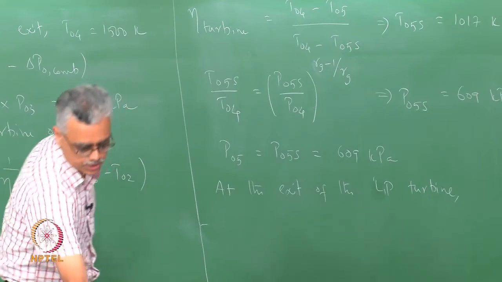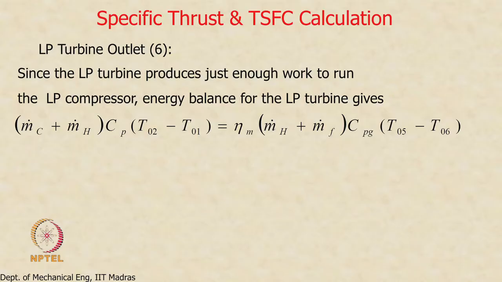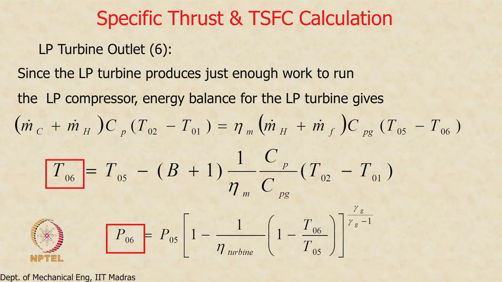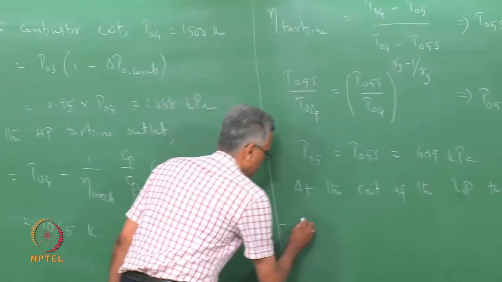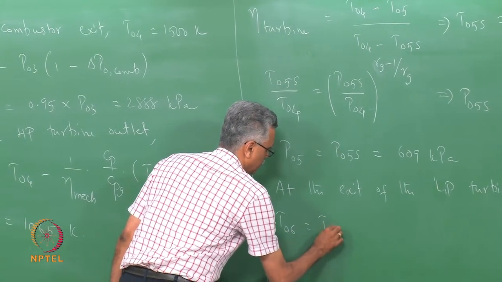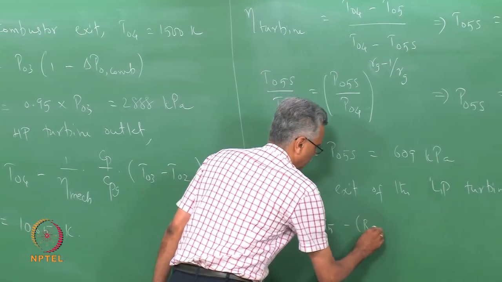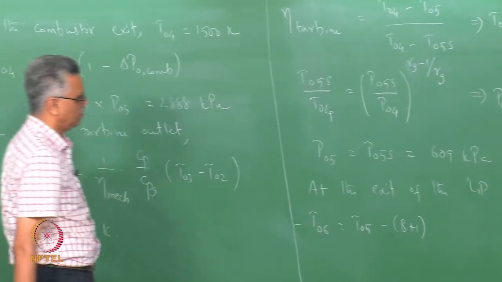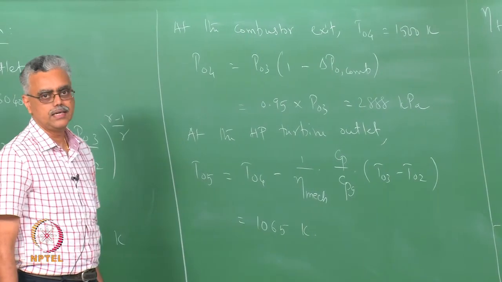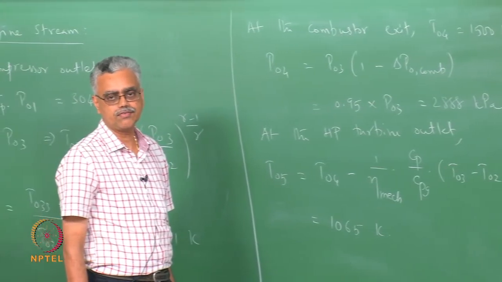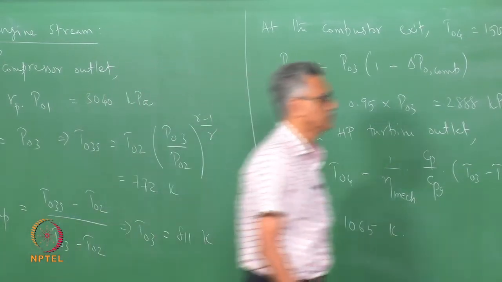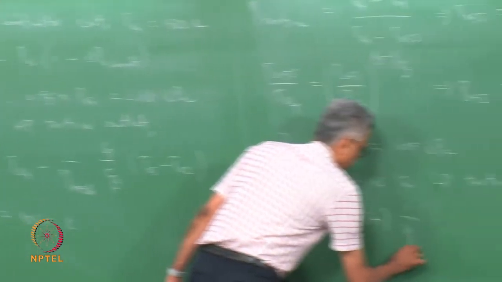At the exit of the low pressure turbine, we have the following equation. The low pressure turbine produces enough work to run the fan, which means that T06 is given as T05 minus, remember the amount of mass flow rate through the entire fan is m dot C plus m dot H. That is why we have this B plus 1 term here.